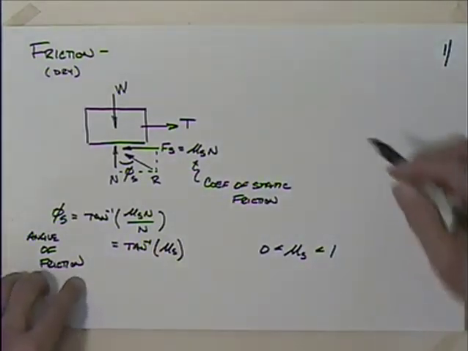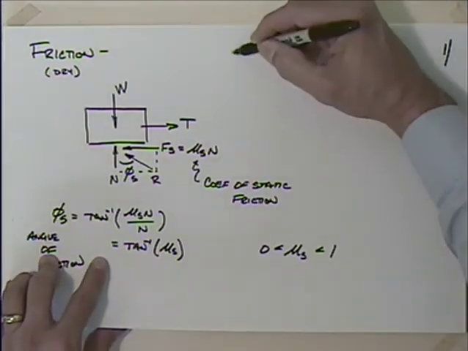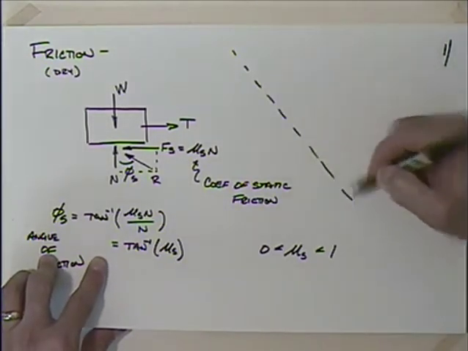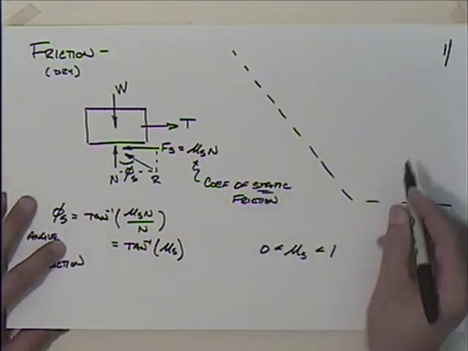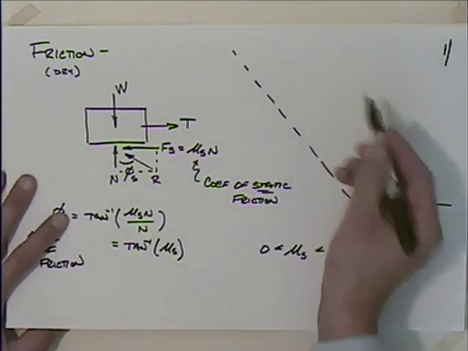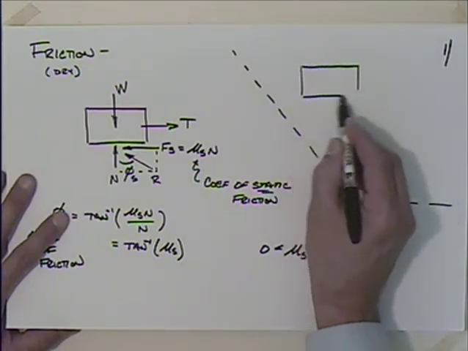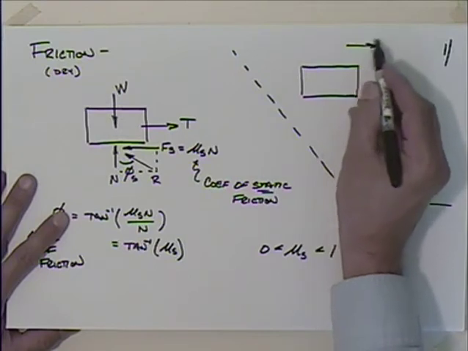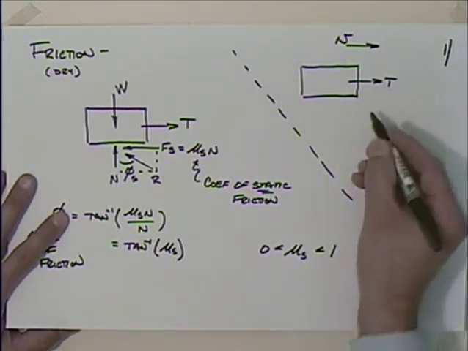Now we can actually look at a side note here. This is static. What happens if you have a situation where this is moving along? So we could talk about this thing where it's got some velocity and it's moving along. I've got my tension force here.